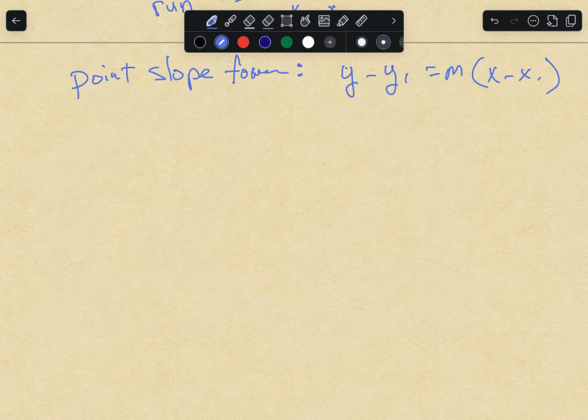Now, the first thing we're going to do is write an equation of the line. We're going to be given the slope, which is m, and the y-intercept, which is b.